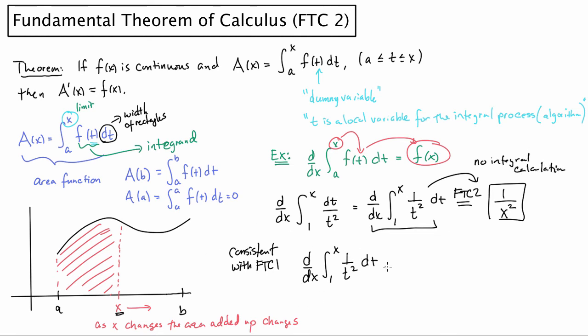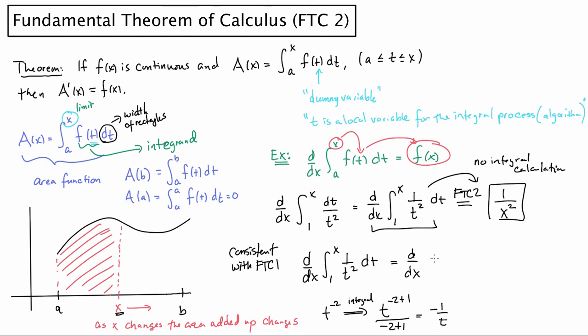The fundamental theorem of calculus says that if I was faced with this problem, I would do the integral first, and the antiderivative of 1 over t squared is what? Well, 1 over t squared is t to the negative 2, and when I take the integral here, by power rule I get t to the negative 2 plus 1 over negative 2 plus 1, which is negative 1 over t.